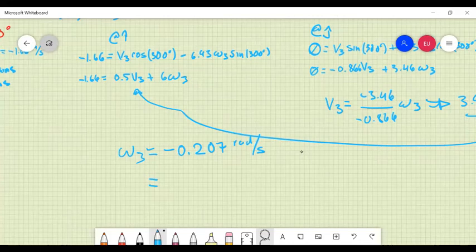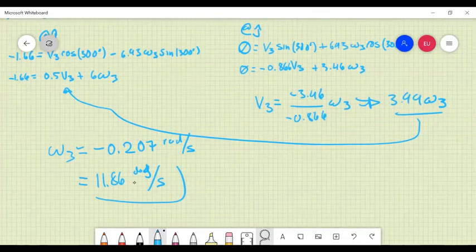If I get this into degrees, it will be 11.86 degrees over second.